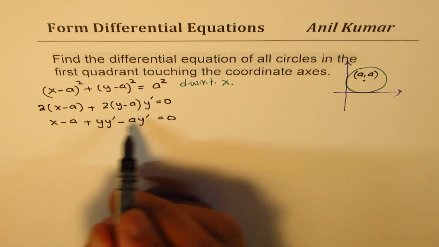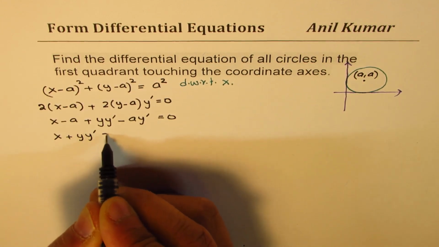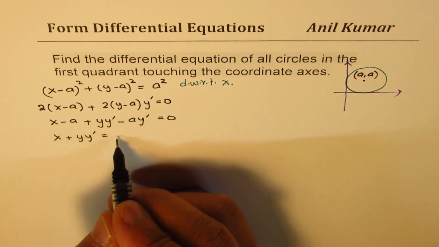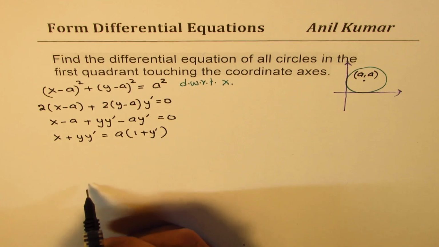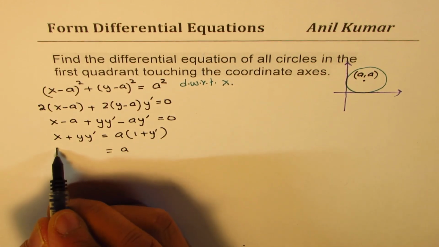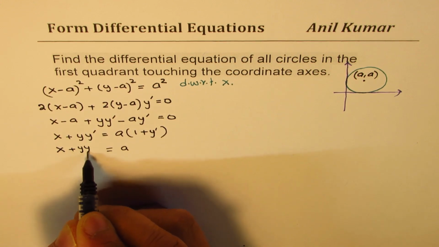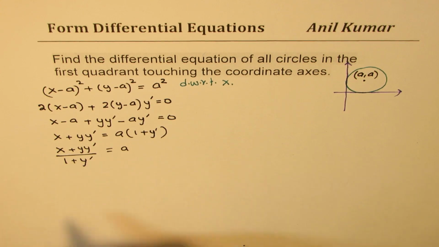Getting these a's together, we can write x plus y prime equals a times (1 plus y prime), correct? So a is equal to (x plus y prime) divided by (1 plus y prime). That becomes the value of a.